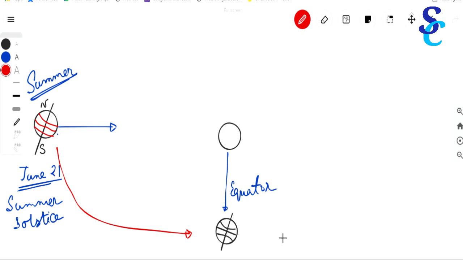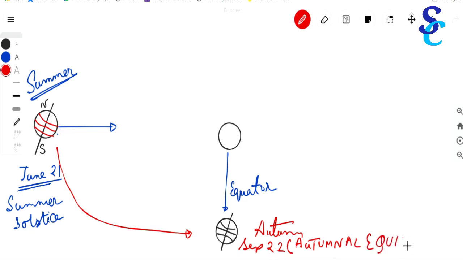So this season will be called autumn. And on September 22, we will have the autumnal equinox. Equinox means you will have equal day and equal night. So on September 22, you will have equal day and equal night, which is called the autumnal equinox in the northern hemisphere.